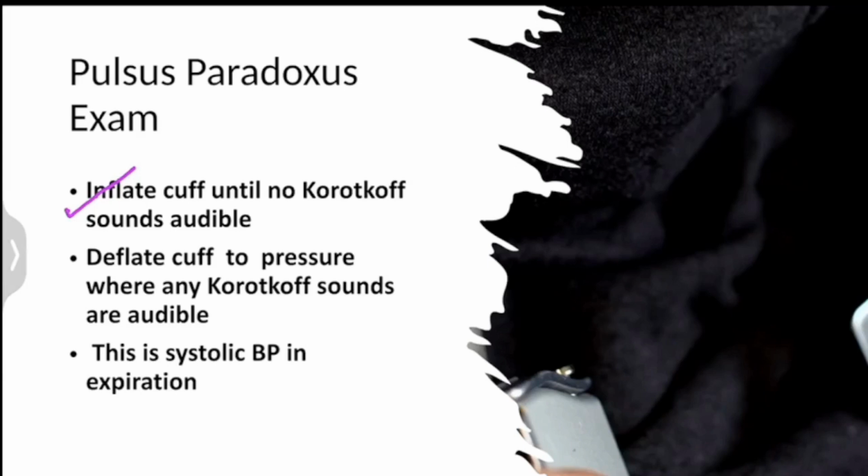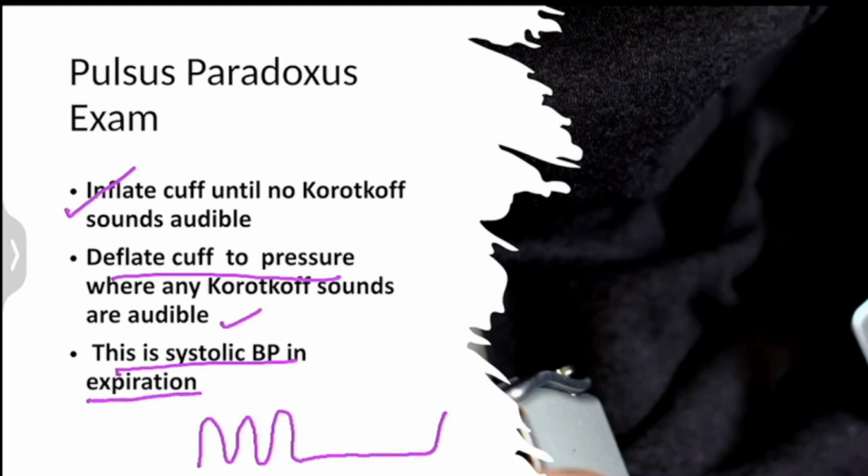Then deflate the cuff to a pressure where Korotkoff sounds are audible. So gradually you deflate and you will hear the Korotkoff sounds. This is the systolic BP. The first appearance is the systolic BP in expiration. So when you are listening, you will be hearing Korotkoff sounds for some time. Then there will not be any Korotkoff sounds, and then again the sounds are heard. So this time at which you get is the systolic BP.